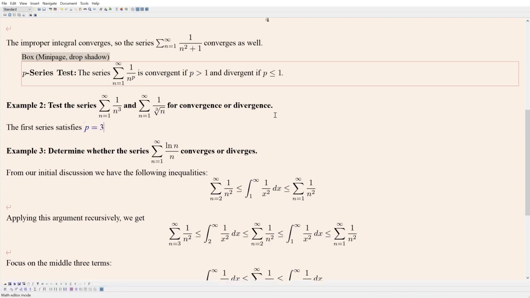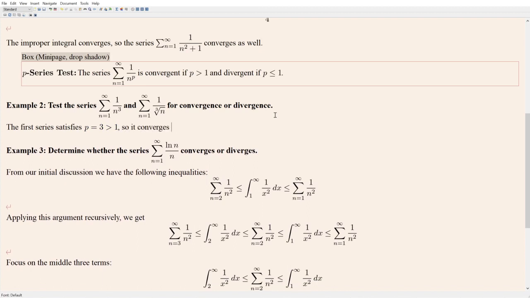So the first series satisfies p equals 3, which is larger than 1, so it converges by the P-series test.